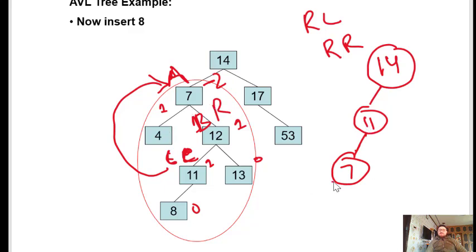And with 7 there was 4, so you keep the 4 there. And now the 12 also has to be the child of 11, so 12 will go on to the right of it. Okay, with 12 there is 13.